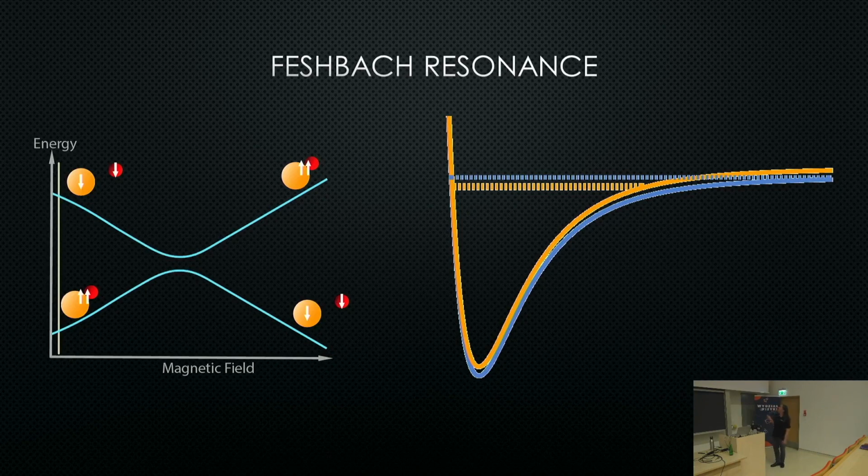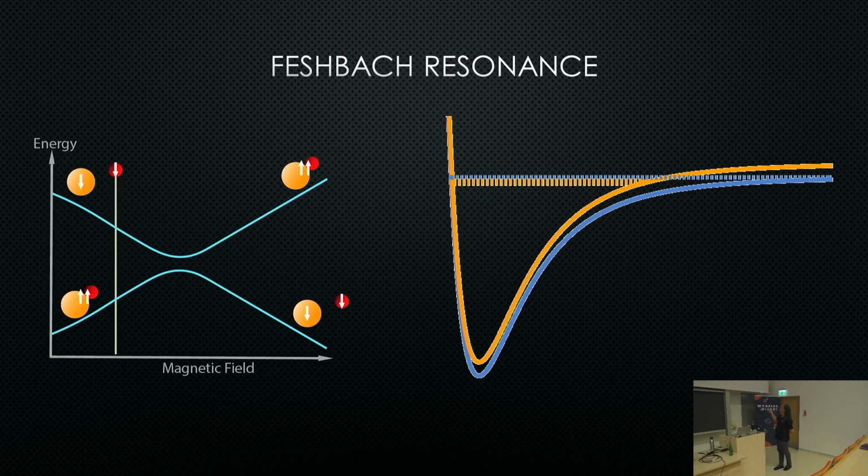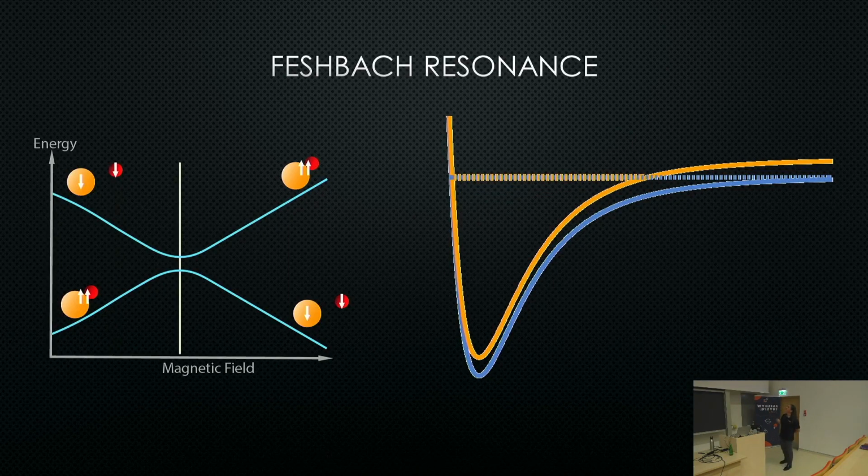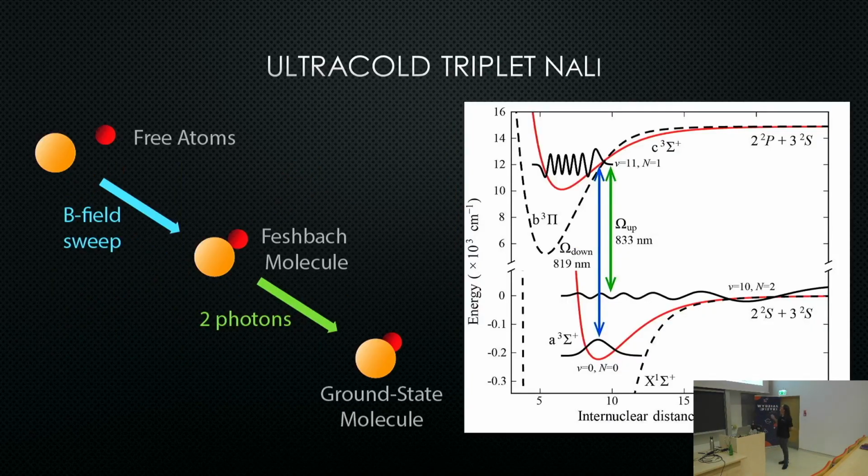And so now I've got the two different molecular potentials with a small shift due to the opposite magnetic moments of the free atoms versus the molecular state. And as we sweep the magnetic field, we bring a bound state into resonance at threshold with our colliding pair, and we can coherently transfer from atoms to molecules. Of course, this is step one. And then through a STIRAP process, we produce the rovibrational ground state of these triplet sodium lithium molecules.